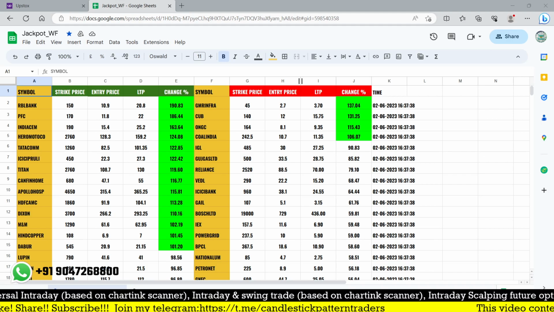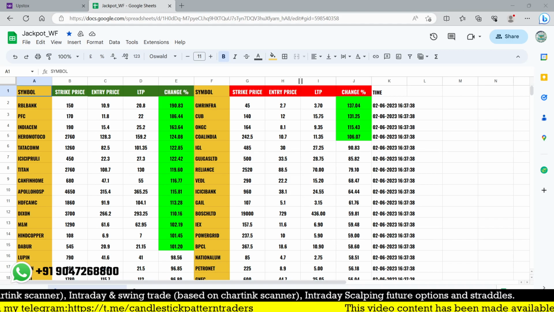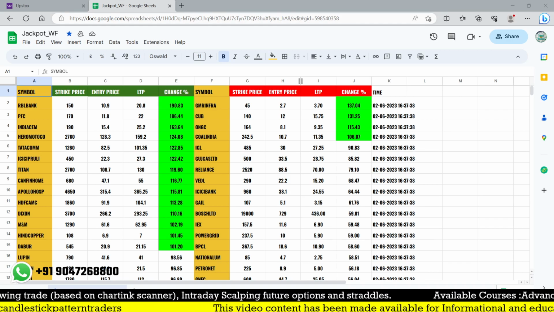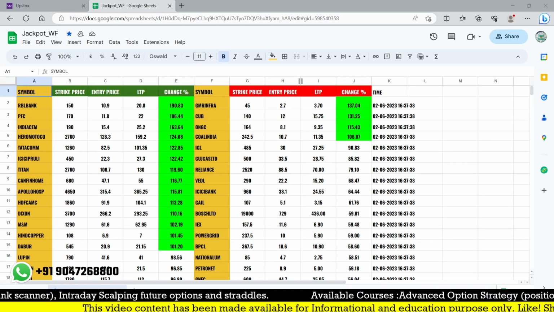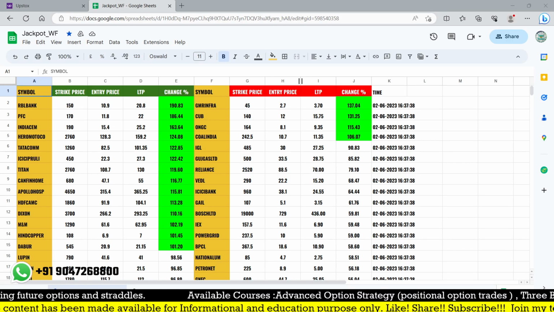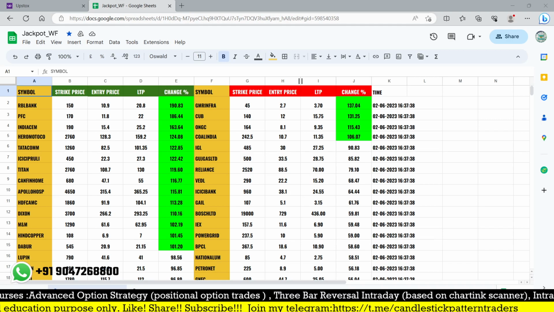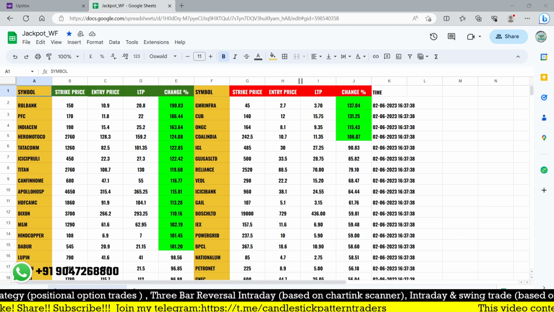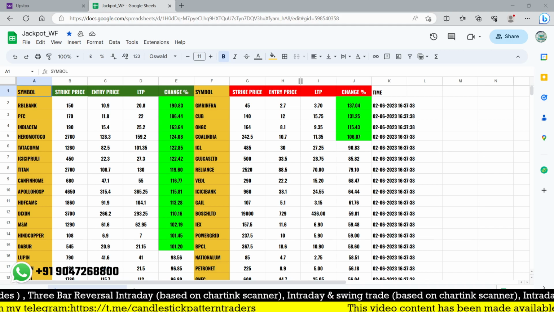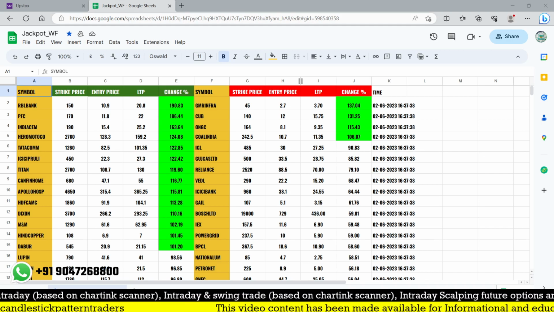You have to decide that based on your risk ability and your margin. Both small margin and higher margin strategies are available, and since mostly we are doing hedging, we get margin benefits.